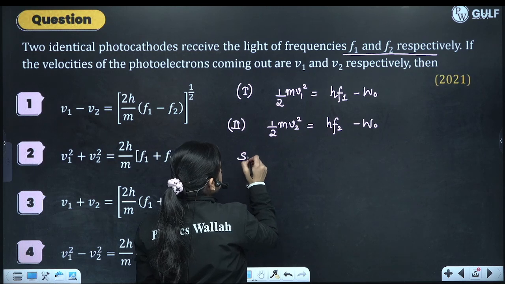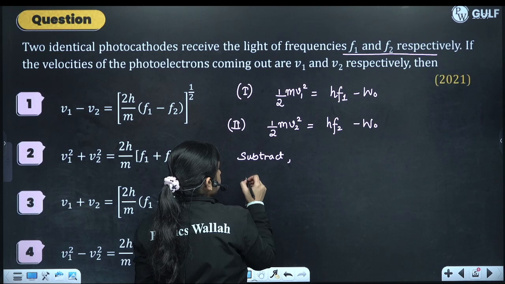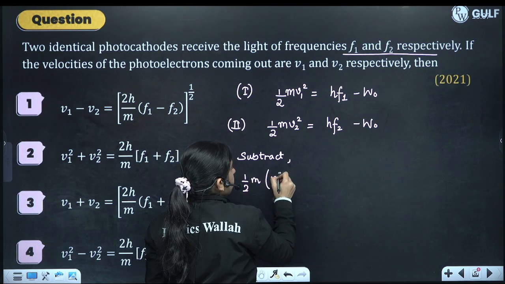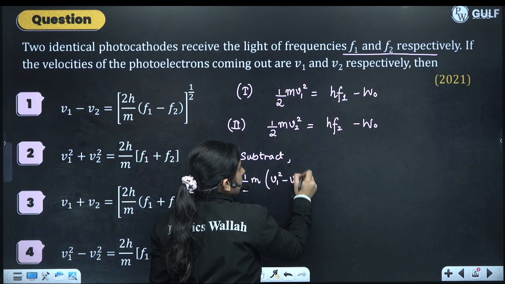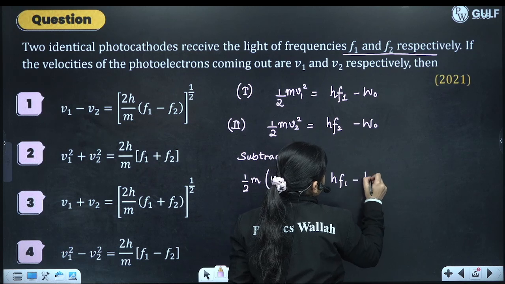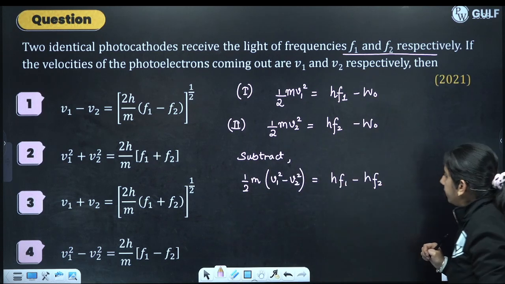Now subtract these, what we will get, half m into v1 square minus v2 square is equal to hf1 minus hf2. Minus w naught plus w naught will get cancelled out.